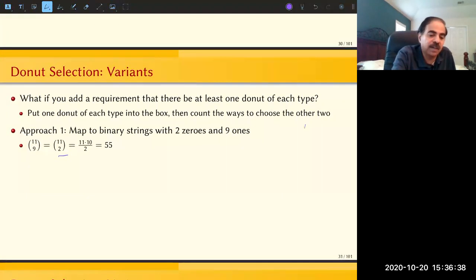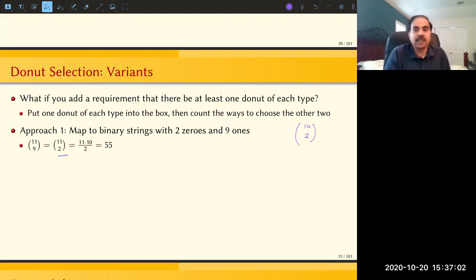So the answer you gave me was 10 choose 2, right? But that does not consider all the possibilities, because 10 choose 2 says you're choosing a subset of 2 from a set of 10. And because it's a subset, nothing can be repeated, right?